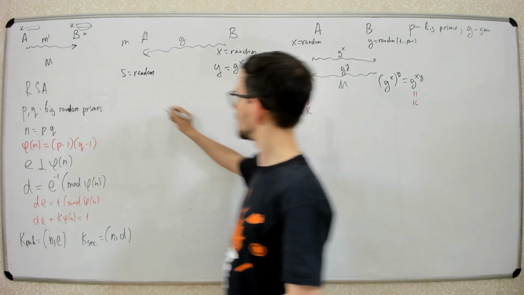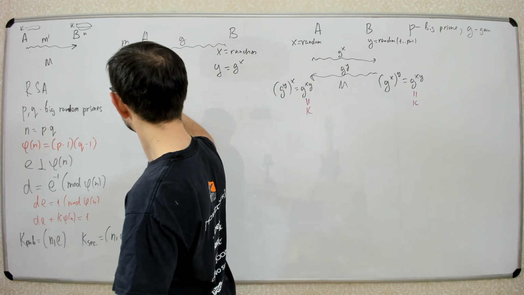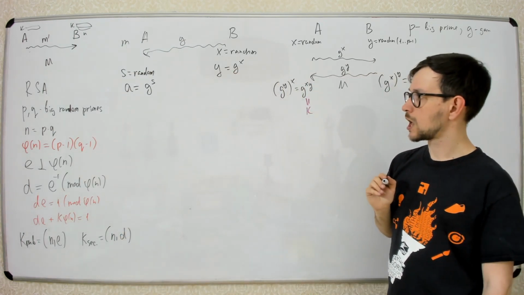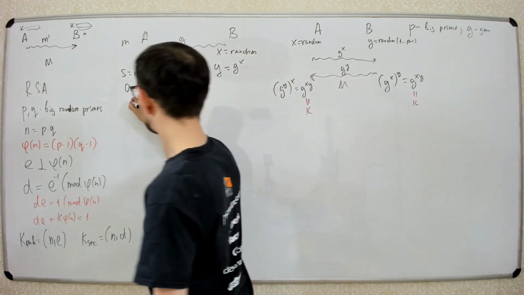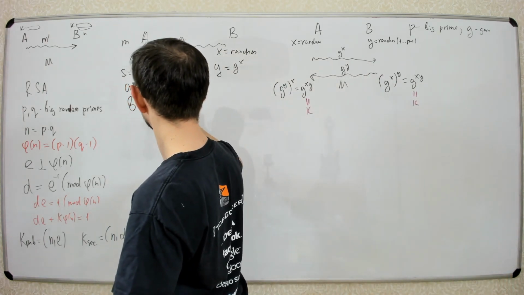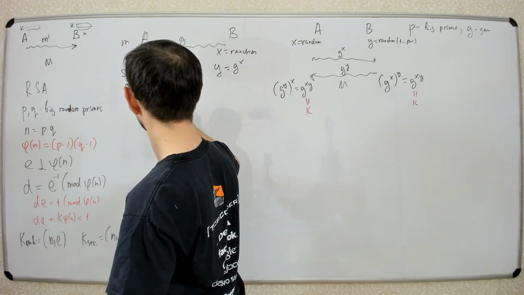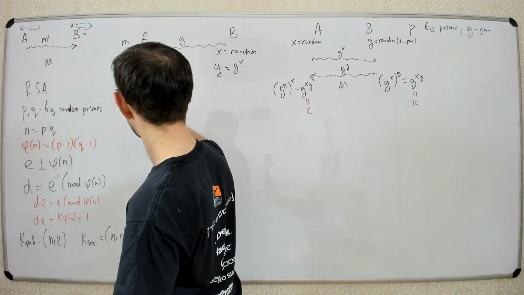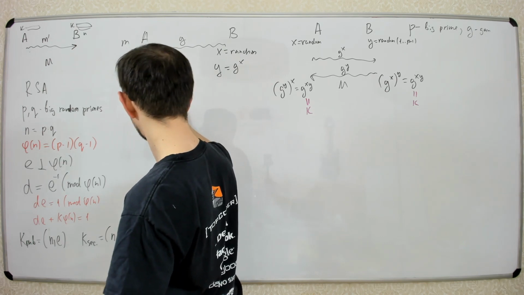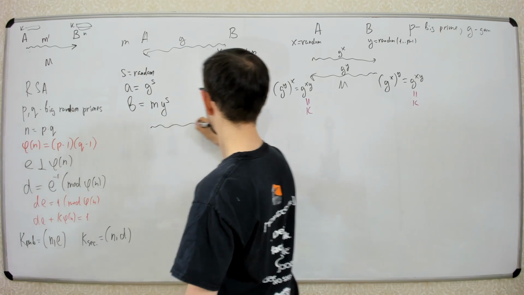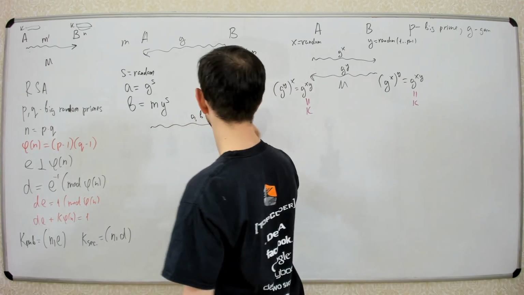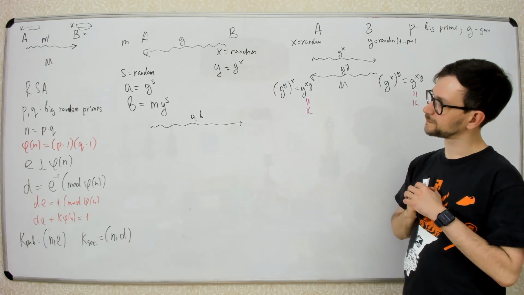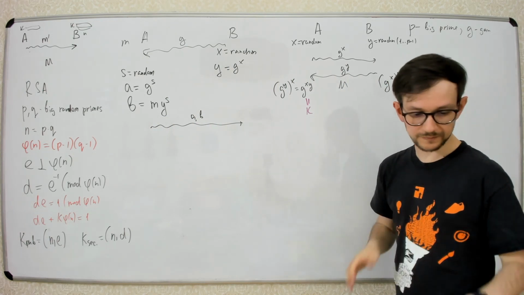The first number A is G in power of S. And the second number B is M multiplied by Y in power of S. And then A sends both these numbers A and B to Bob. Good enough.